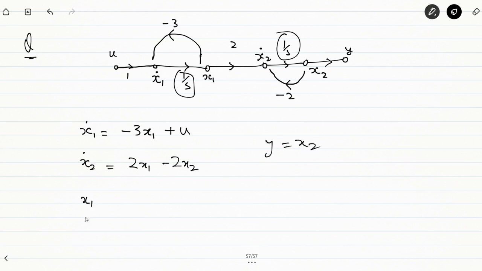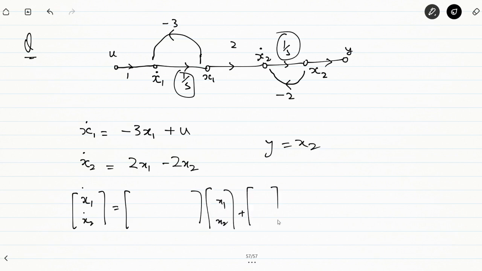And when putting this in a state space model form, x1 dot, x2 dot will be equal to minus 3 times x1 plus 0 times x2 and plus 1 times u. x2 dot is 2 times x1 minus 2 times x2 plus 0 times u, and y is equal to 0 1 times x1 x2 plus 0 times u.